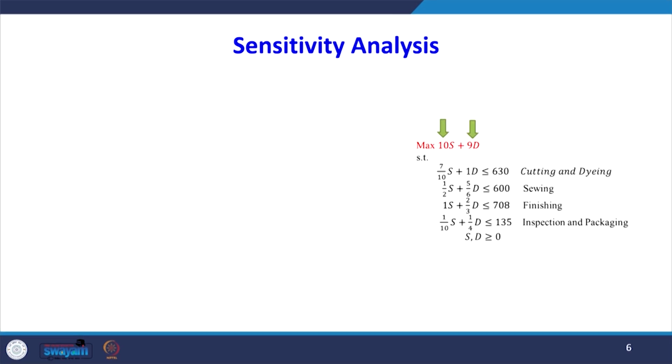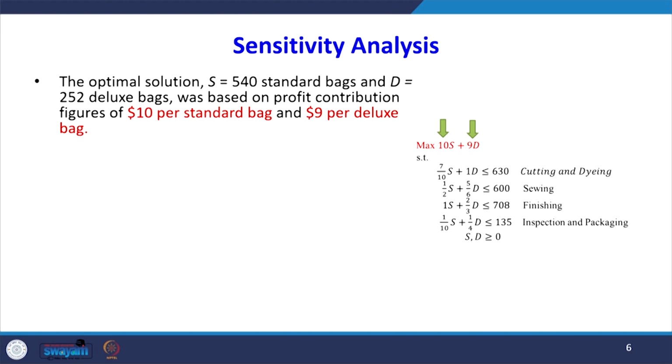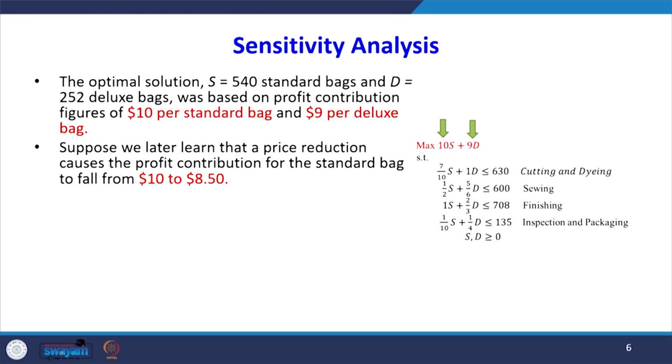I have brought the same problem here. The optimal solution for the given problem, on the right hand side, is S equal to 540 standard bags and D, the deluxe bags, equal to 252. This is based on the profit contribution figures of $10 per standard bag and $9 per deluxe bag.